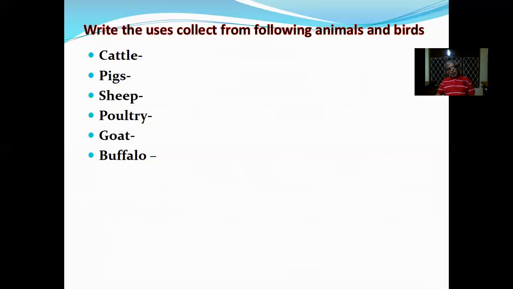Actually, the term birds is not needed, but for your easy understanding, I have used animals and birds here. But if you write different animals people keep, that is also okay. Cattle, pigs, sheep, poultry, goat, buffalo.